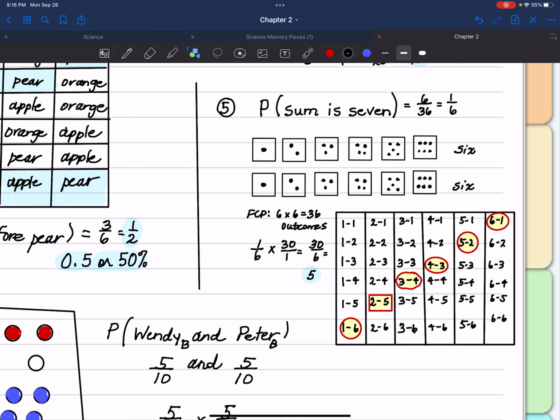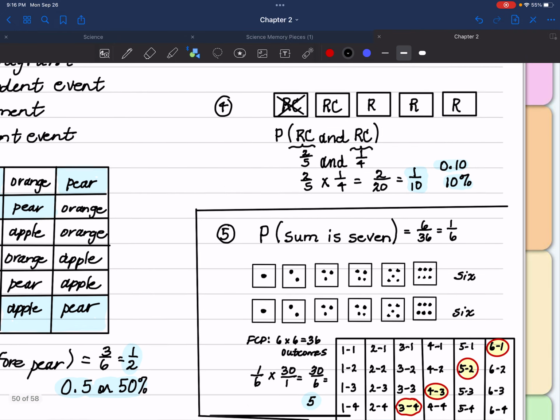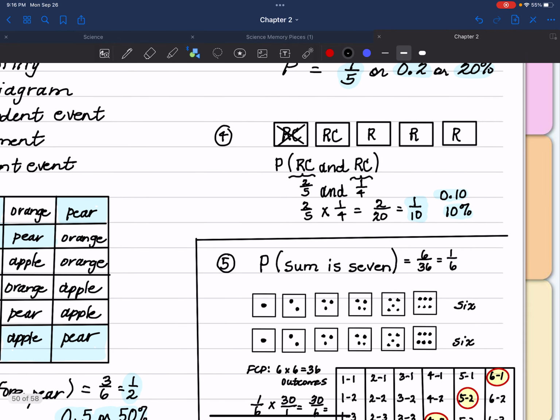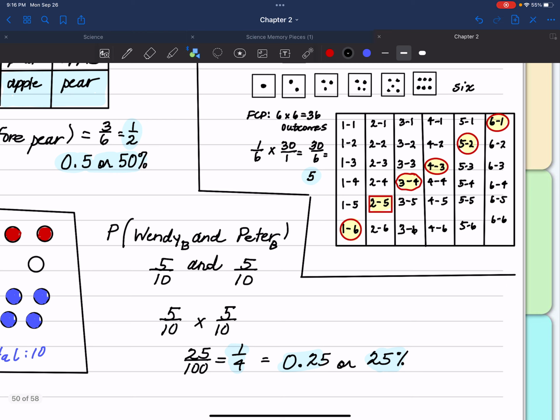I thought I was going to have to take a little bit longer to write out that table, but it went pretty fast. So I am thinking the answer to this question is 5. I would expect 5 times that I would get a 7 if I roll those 2 dice 30 times.